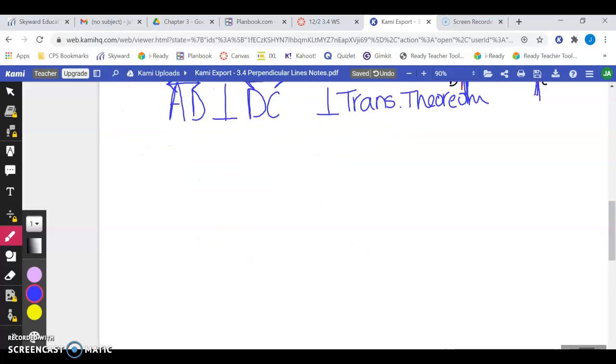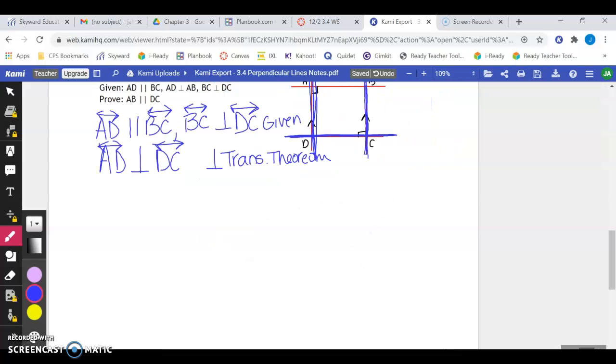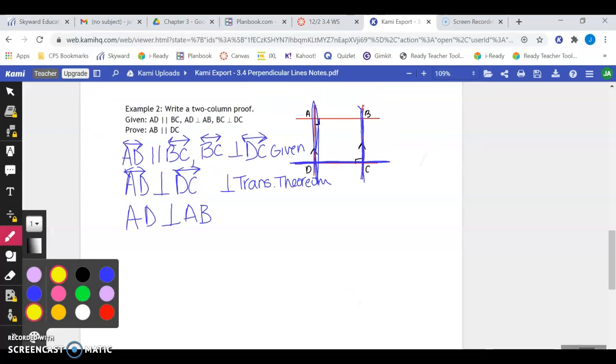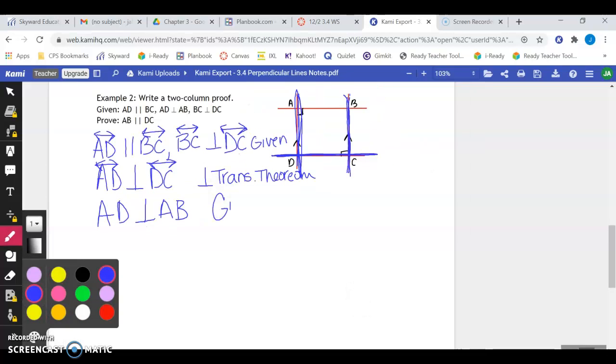All right, and then we were also given, we're going to use this piece of information, that AD is perpendicular to AB. So if we look at this, I guess I got to finish this. This is given. I always put a proof there. So AD, this one here, is perpendicular to AB. Then we have to prove, our last thing here, is to prove AB is parallel to DC.